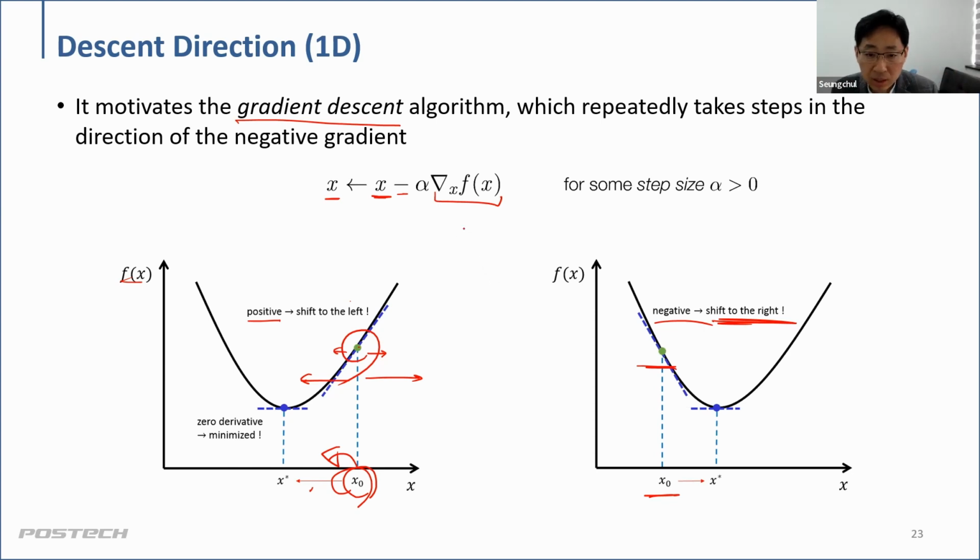On the other hand, if the gradient is negative like this, then we have negative times negative, which means plus, so we have to increase the value of x. How much? This is going to be the slope times some scalar value alpha, which is the step size.